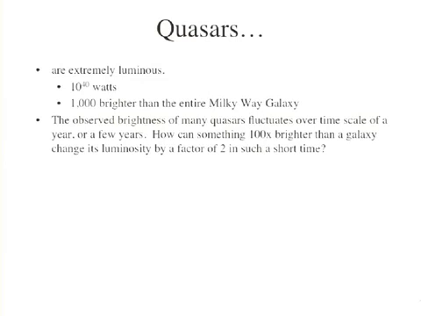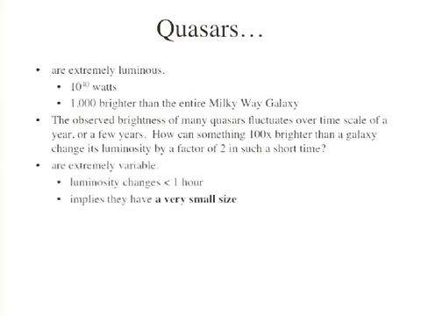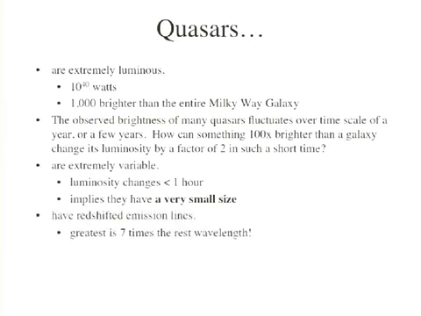How can an object be so much brighter and change its luminosity by a factor of 2 in such a short time? How can this happen? This was a tremendous mystery in the 1960s. So all this meant that the quasars, whatever they were, were extremely compact, very, very compact. And they're very far from us because of their high redshifts.